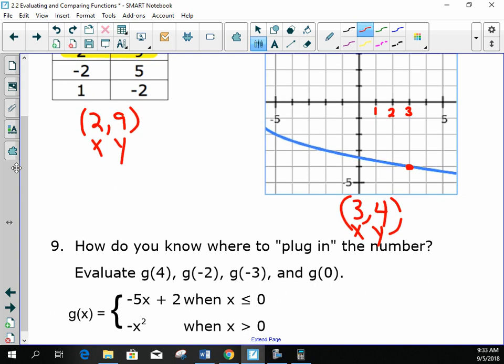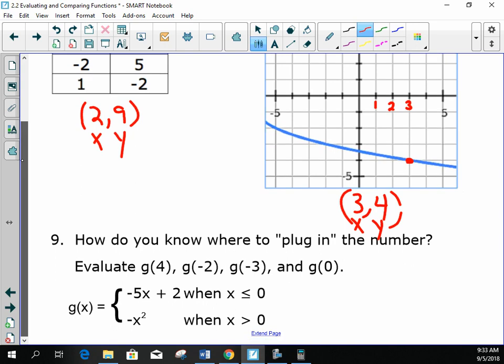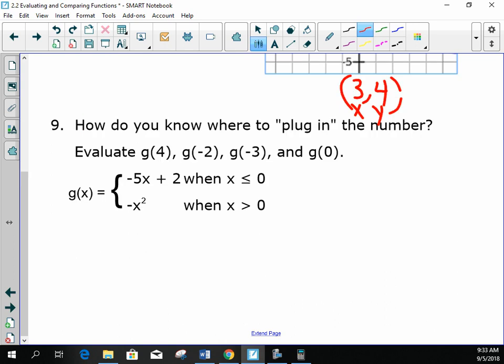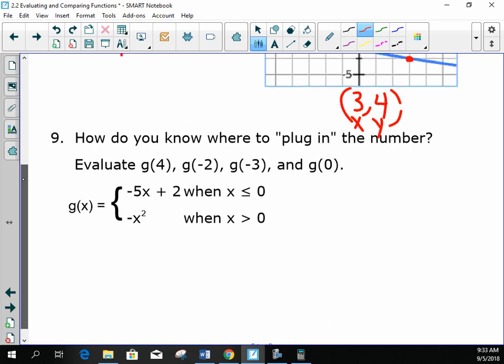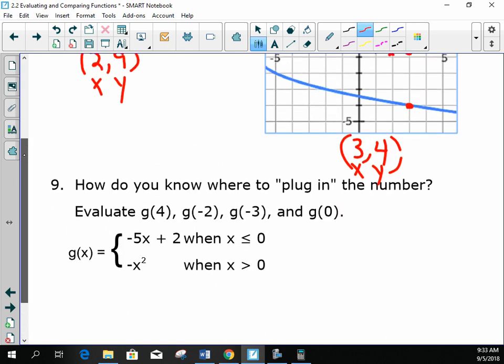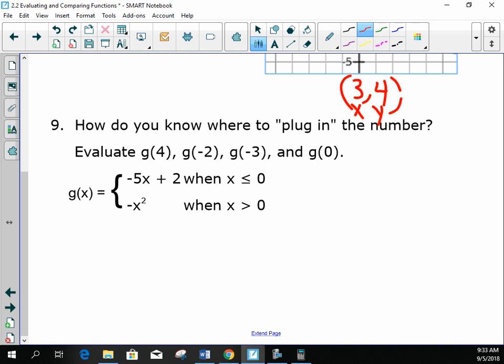So now it says, evaluate g of 4, g of -2, g of -3, and g of 0. How do you know where to plug in the numbers? Well, when x is smaller than or equal to 0, you plug it in here, all right?